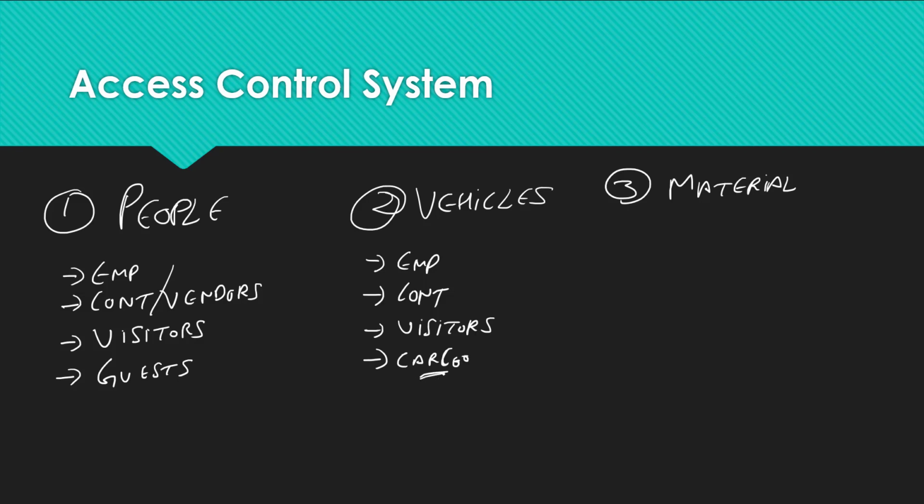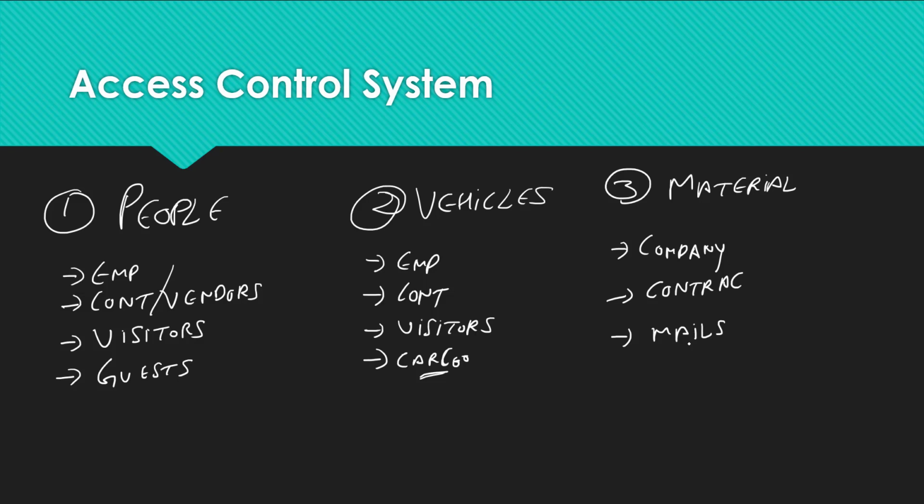Under material, you would have company owned material, the material which is owned by a company like stores. And if you have contractors working, then you would have the materials related to the contractors. And sometimes you also handle some mails, so that can also be controlled through your access control system. So under access control system, we have three categories: people, vehicles, and material.